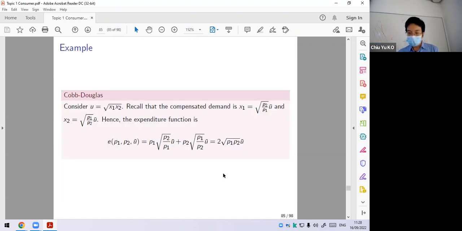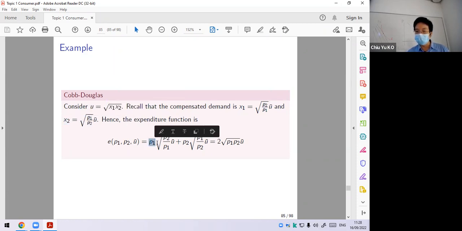Okay, so let me have a break after a one minute talk about this. It's very short. We have talked about this utility, and this is our Hicksian demand or compensating demand. And then what is expenditure?